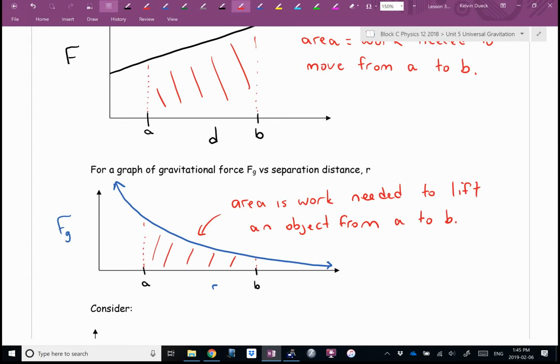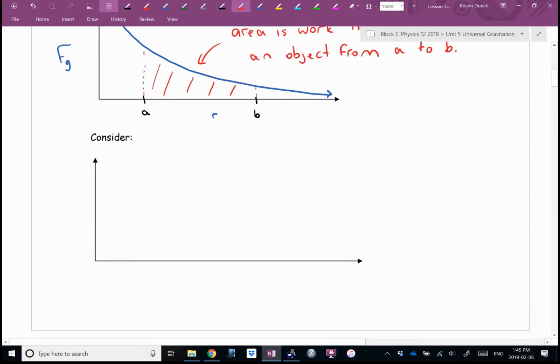Let's be even more specific. Again, let's put Fg. Let's put R. But this time, this force is going to be the force of gravity from the Earth, from our home. As a shape, it's still going to look like this.